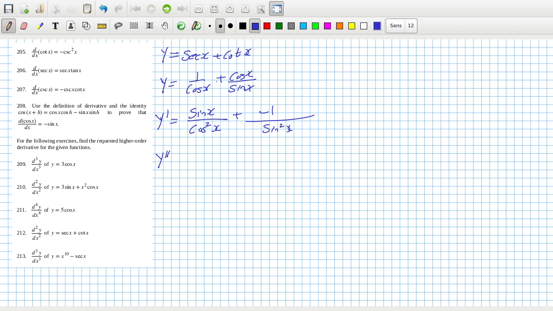So then the second derivative would be the bottom squared, the bottom times the derivative of the top, so it's cos cubed, minus the top, which is sine x times the derivative of the bottom, which will be 2 cos times minus sine, using the product rule. So that becomes a plus then.